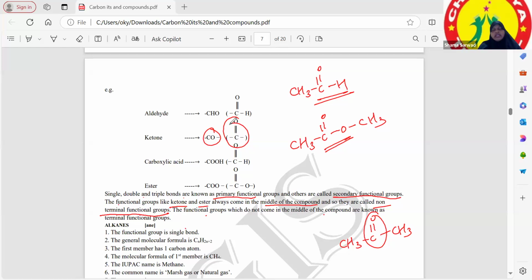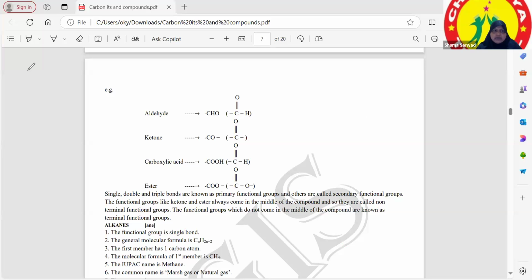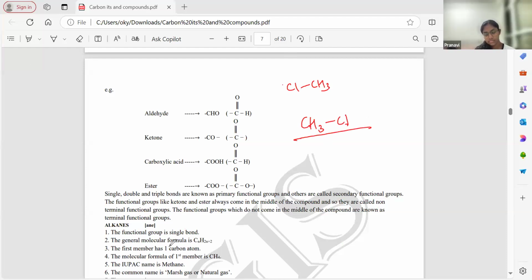Ma'am, functional groups can never come at the beginning, right? No, it's not like that. It can, because haloalkane, if you see, comes at the beginning as well. Haloalkane means halogen attached with alkane. This will be Cl CH3 or CH3Cl, chloromethane. Commonly it's called methyl chloride.